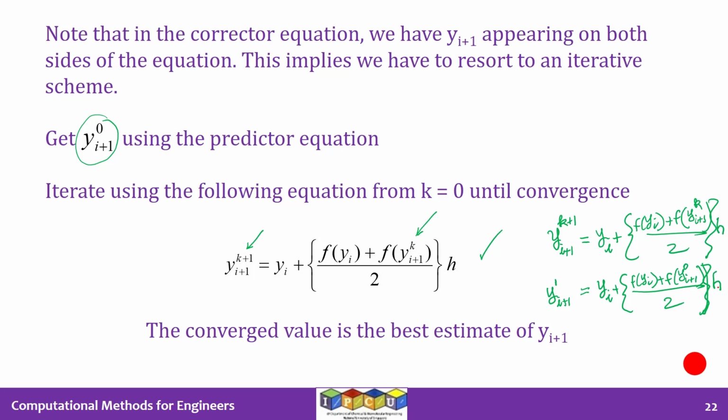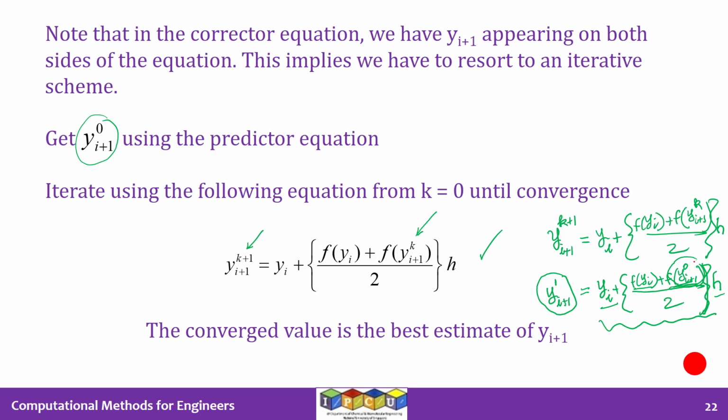So yi plus 1 0 I'm going to put here so I can get this value. I know yi, so I can compute f of yi. I know h. Therefore, I can compute the right hand side, and I can get yi plus 1 1. Now, this yi plus 1 1 may not be the same as yi plus 1 0.